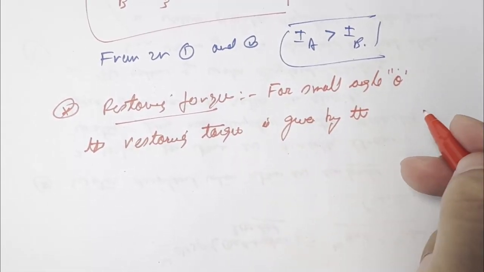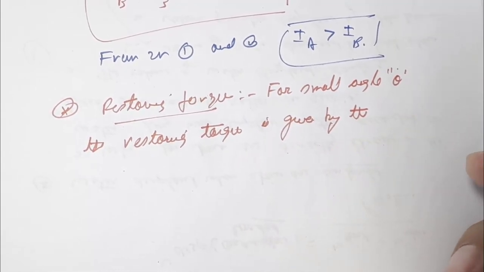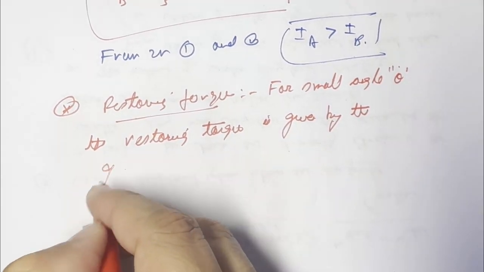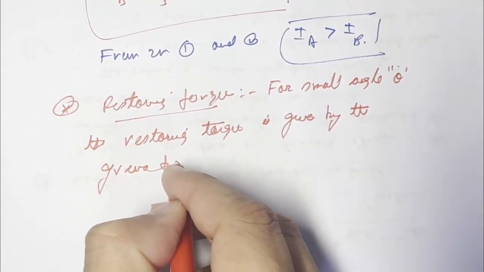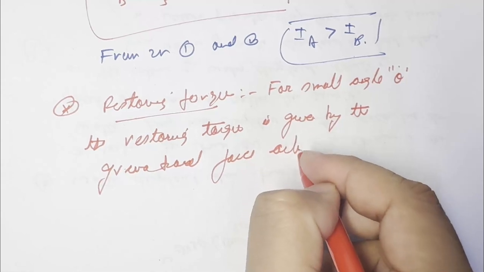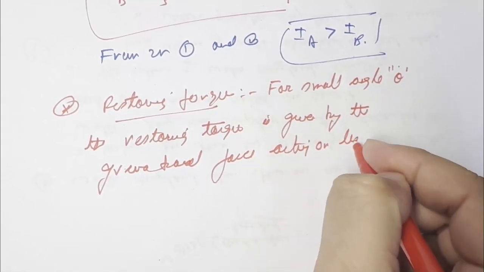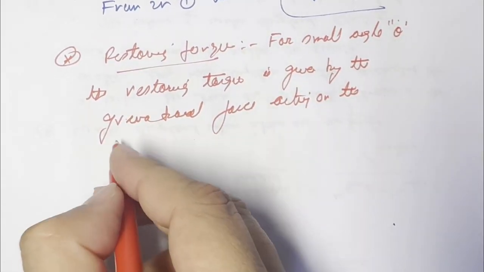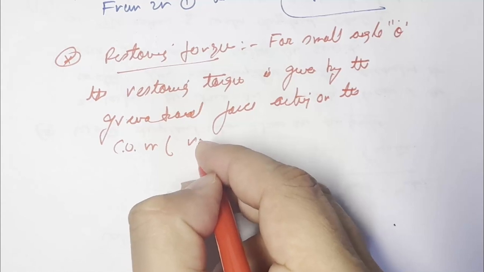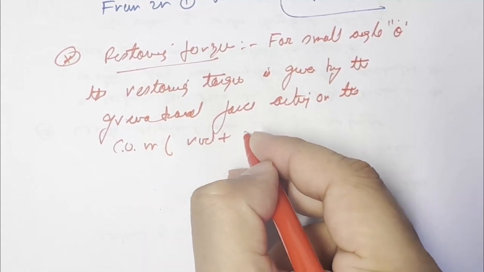the gravitational force that will be acting on the center of mass. By the gravitational force acting on the center of mass of rod plus disk system.